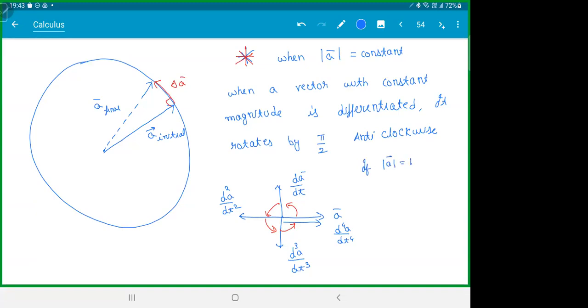If mod A is equal to 1, then all vectors will have the same magnitude. I'll show you that. Anti-clockwise, think of it like this. Remember the right hand thumb rule? If you rotate anti-clockwise, it's pointing out of the plane, k cap. Anti-clockwise is positive rotation, right?